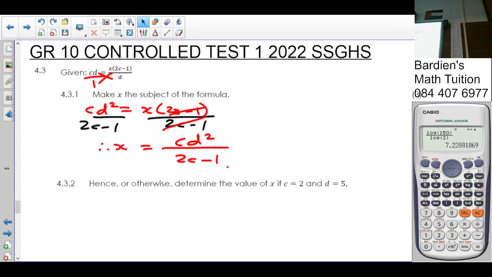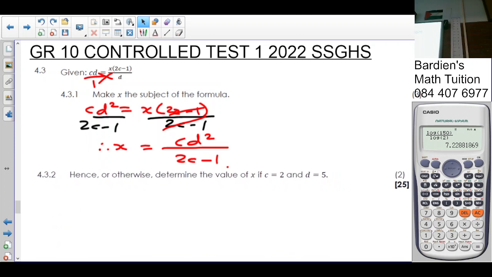Then the next question says hence or otherwise determine the value of x if c is equal to 2 and d is equal to 5. So either I can substitute those values into the original function or I go with what we have just solved there. Okay, so if it's hence, I must use the previous answer to calculate.